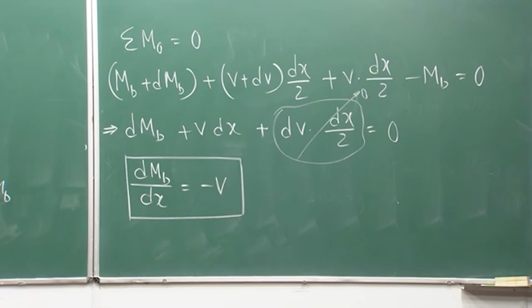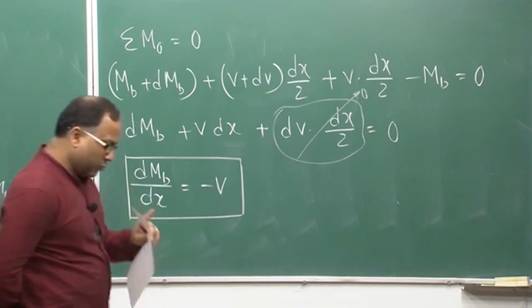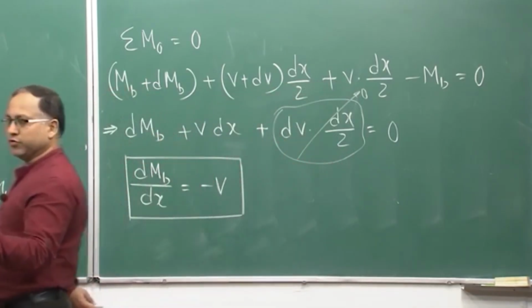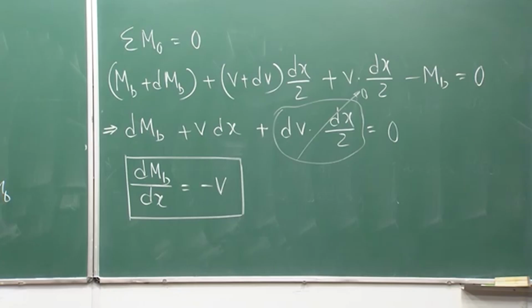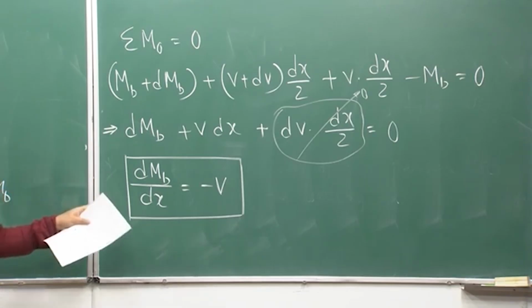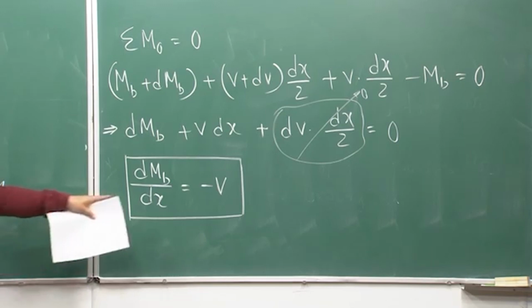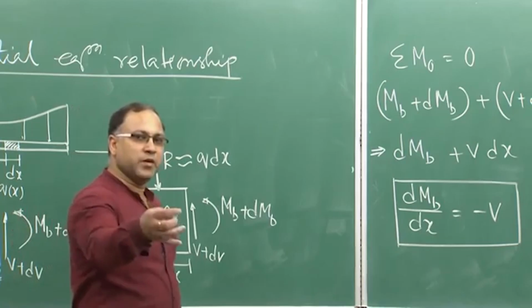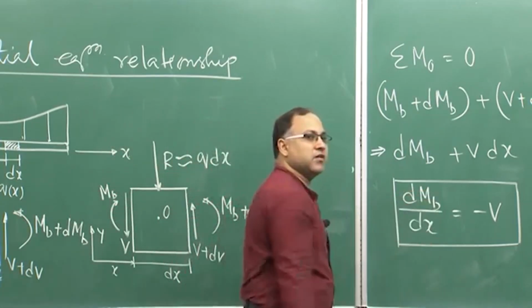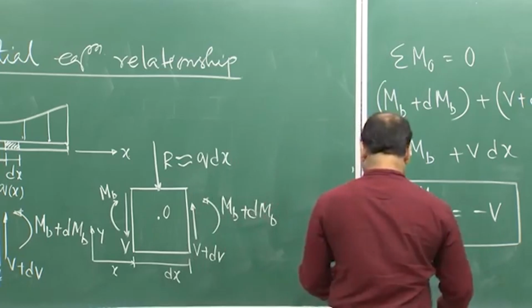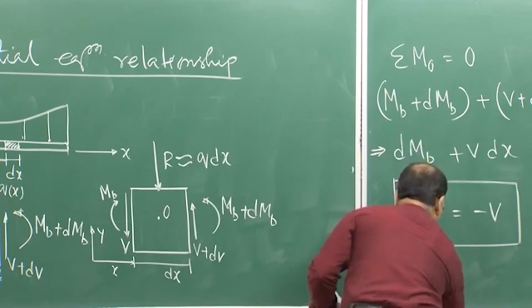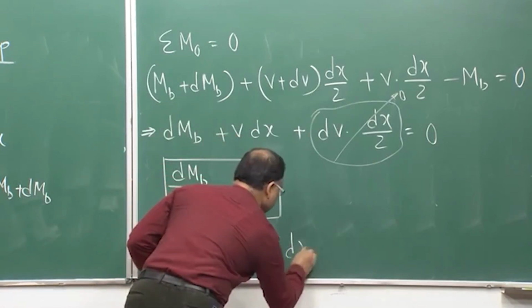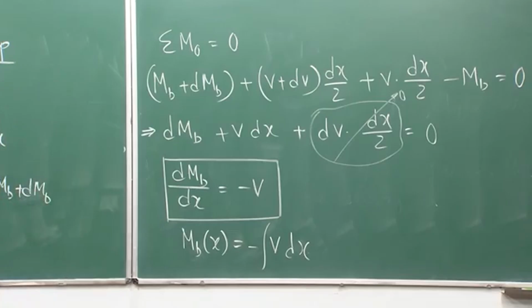That is why you might have seen, when I was talking about it, that the bending moment is always one order higher than the shear force. At that time I was just giving hints of this relation. So if you take the differentiation of the bending moment, you will get the shear force, but opposite in sign.